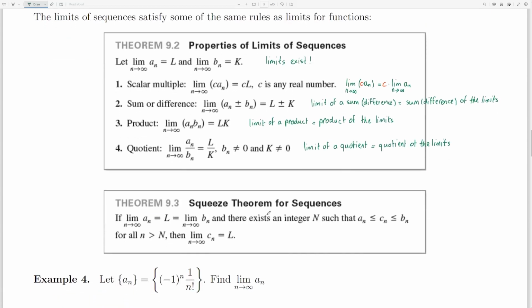Now, a very important theorem that we sometimes have to apply to figure out what a limit is, is the squeeze theorem for sequences.